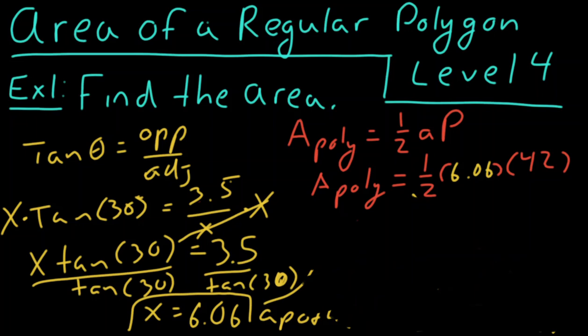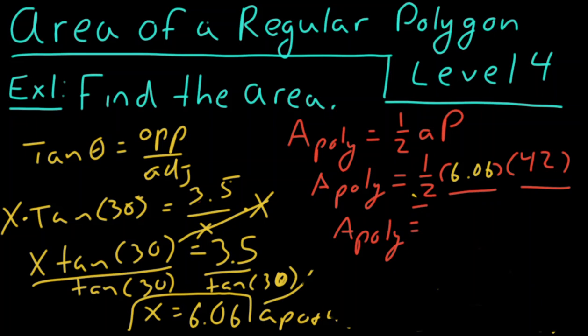And going back to my red to keep consistent, we're going to say that the area of our polygon is equal to 1/2 times 6.06 times 42. And once again, let's go back to our calculator.